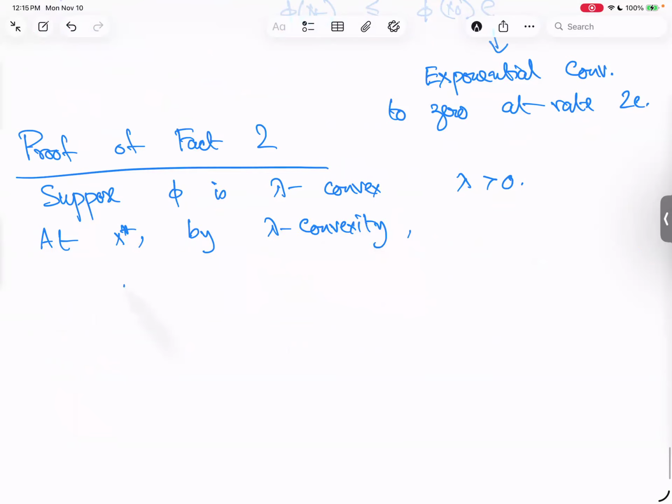I get that phi of x minus phi of x star is greater than or equal to... sorry, I would take the tangent at x, not at x star, and then I'll apply this to x star.